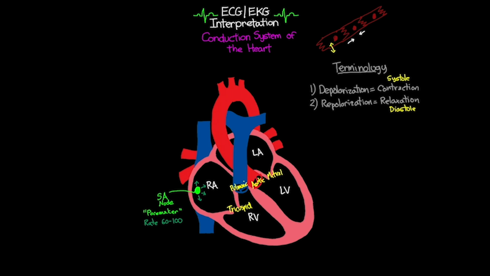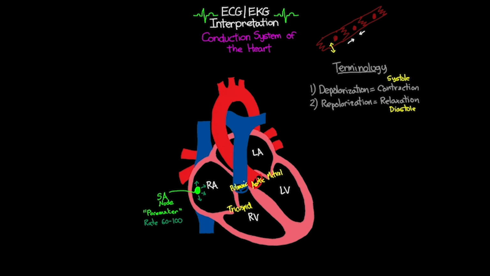Now, one thing to note though is this spreading of depolarization between cells is not the fastest process. It works great spreading that signal from the proper direction slowly throughout those cells so that you have a nice coordinated contraction. But sometimes you need to get that signal to other places a little bit quicker. And an example of this is here we have the SA node is over in the right atrium, but we also need the left atrium to be firing at the same time.